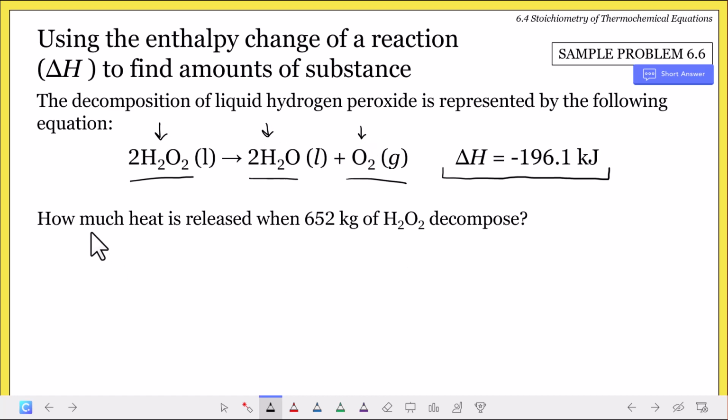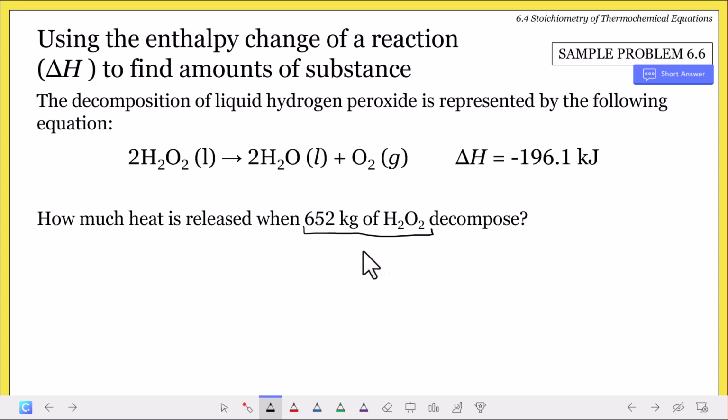Okay? So now the question is asking how much heat is released when 652 kilograms of hydrogen peroxide decompose. So, like always, we want to start with what they gave us. Okay, they said we have 652 kilograms of hydrogen peroxide.